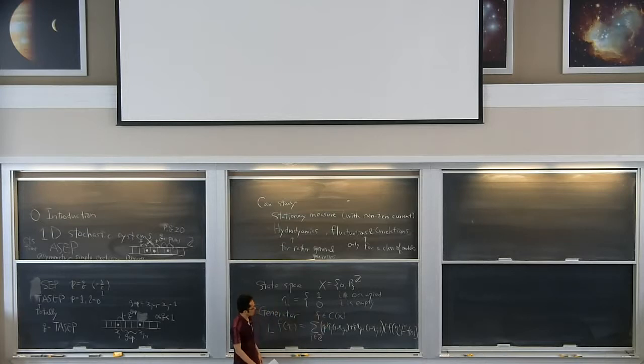Here, eta^{j,j+1} means that this is the configuration eta, but with eta_j and eta_{j+1} exchanged, swapped. And of course, this corresponds to hopping to the right, and this corresponds to hopping to the left. Depending on these changes, we should consider the configuration in which the occupation numbers at sites j and j+1 are exchanged.